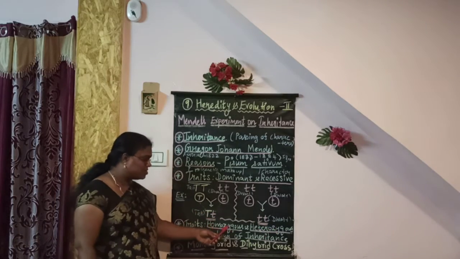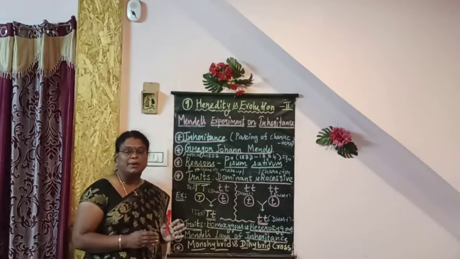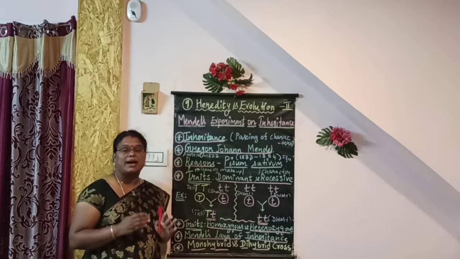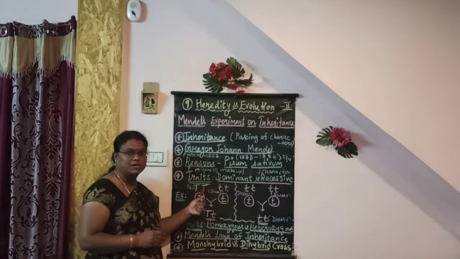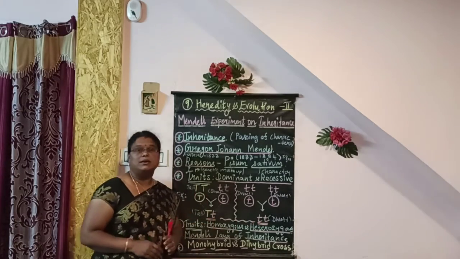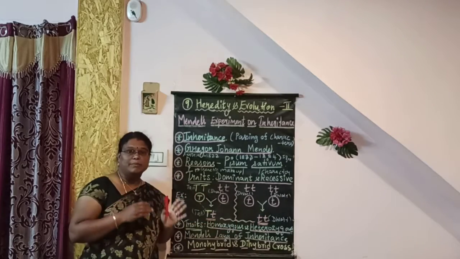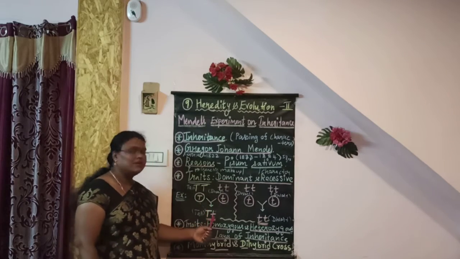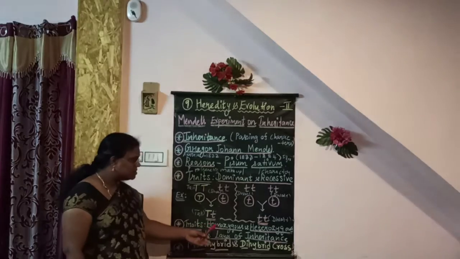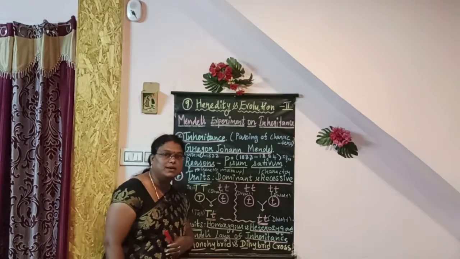So homozygous trait, homo means same. The homozygous trait has the same genetic makeup, for example capital T, capital T. Heterozygous traits are where the genetic makeup is different, that is capital T, small t. So this is about homozygous and heterozygous traits.